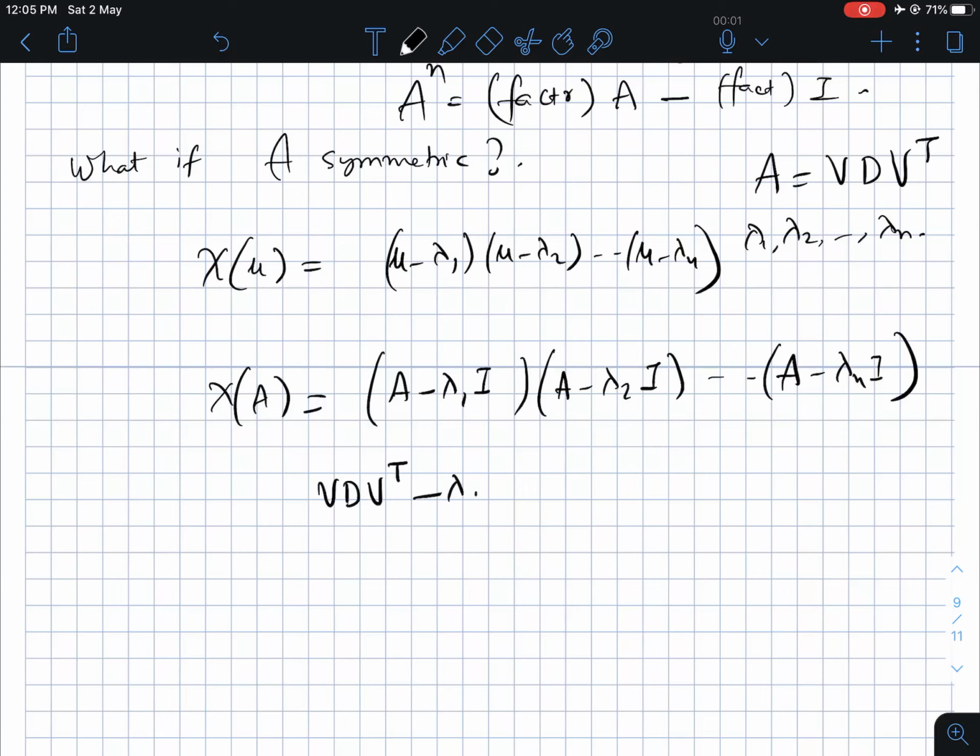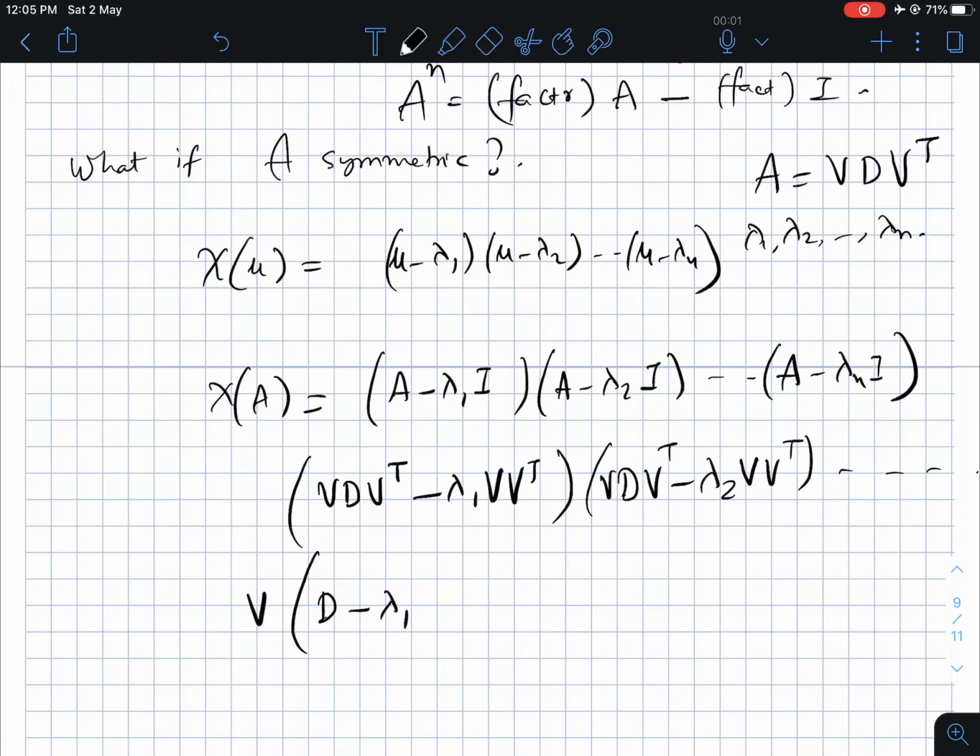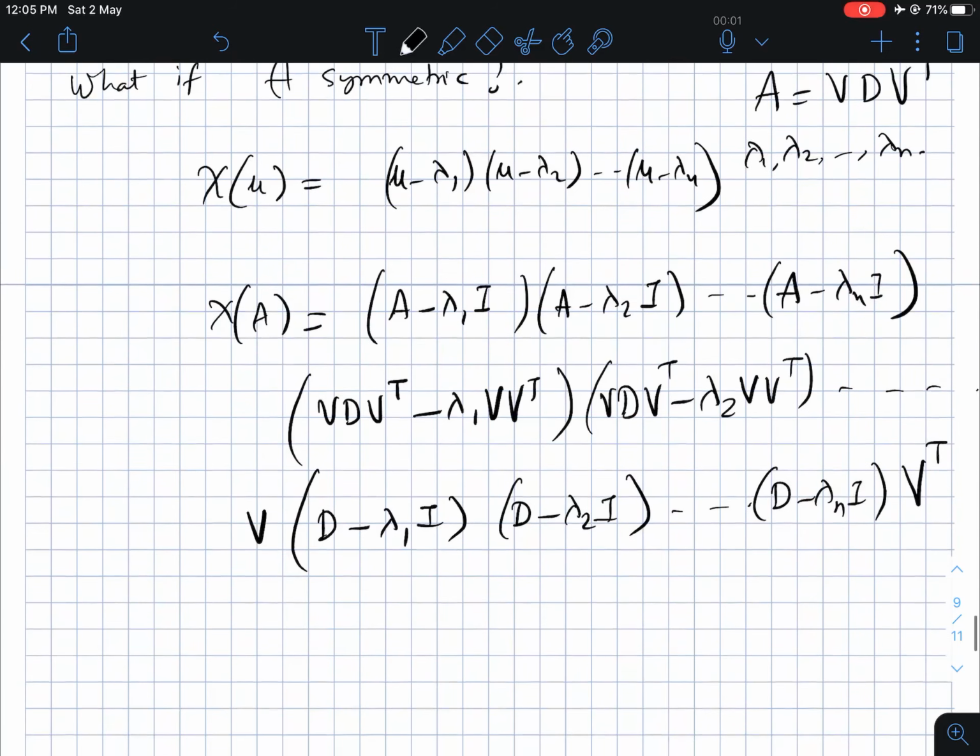VdV transpose minus lambda 1 VV transpose. This is how I'll write it, right? VdV transpose minus lambda 2 VV transpose, and so on. Okay, now you can take V and V transpose common outside, and what you will get is V times d minus lambda 1 I, d minus lambda 2 I, and so on, d minus lambda n I, times V transpose. This is what you will get.